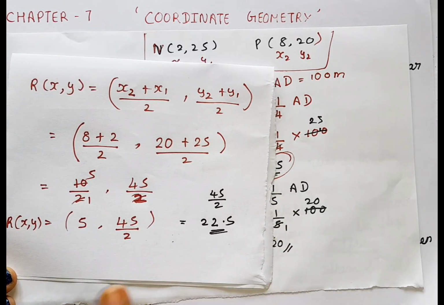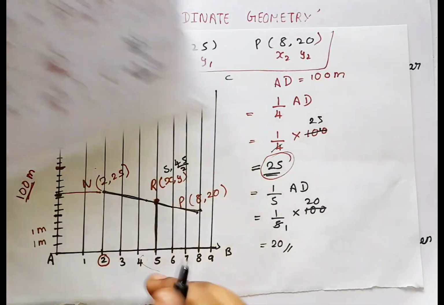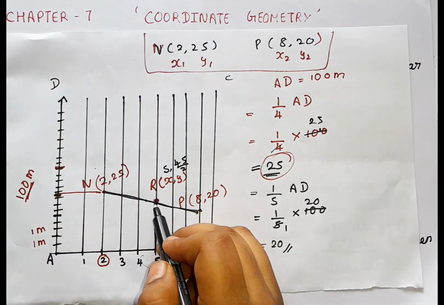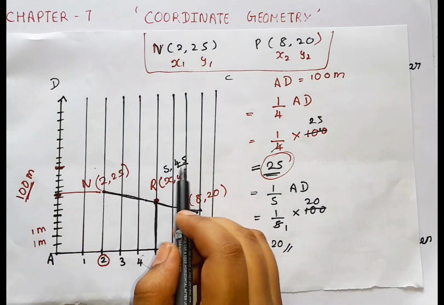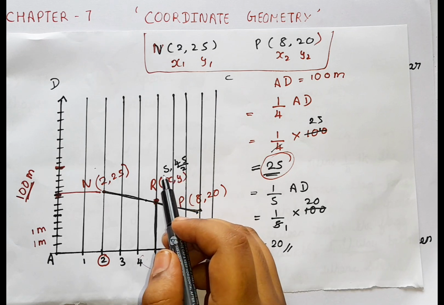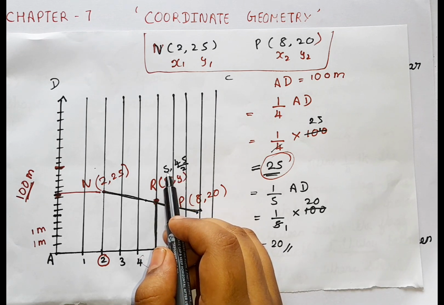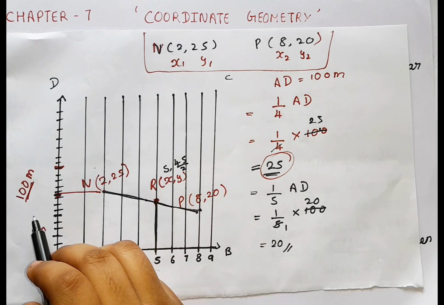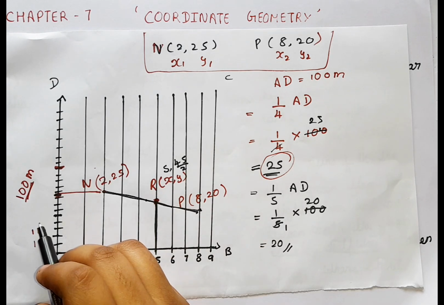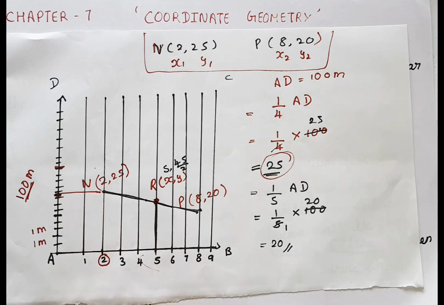So she is running on the 5th line, and that much distance, 22.5, she covered. That is the meaning of that.